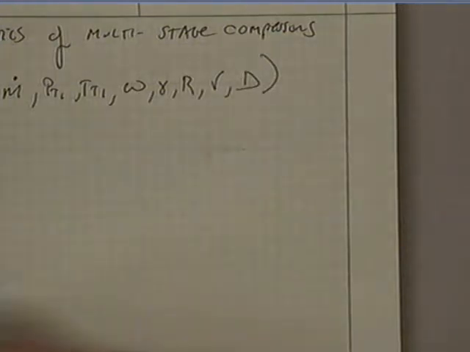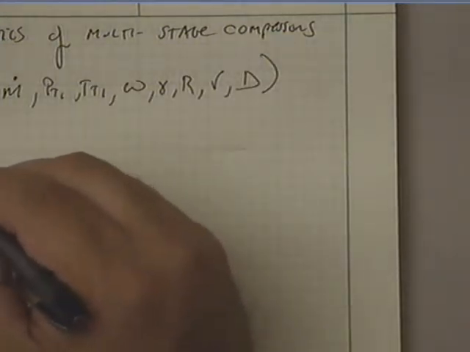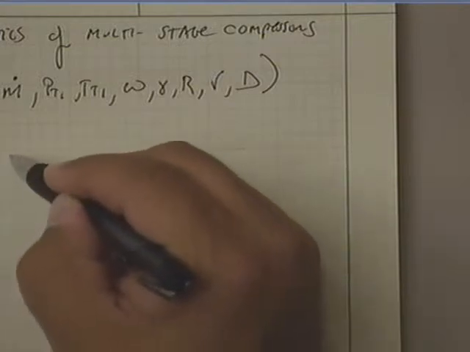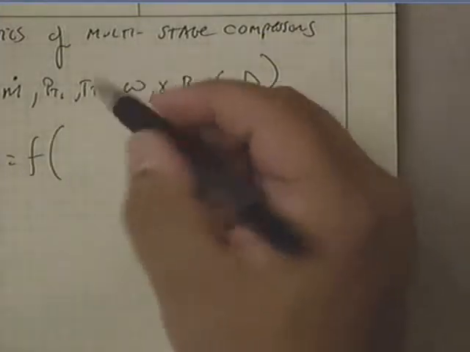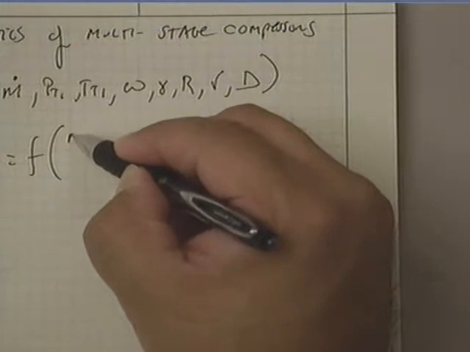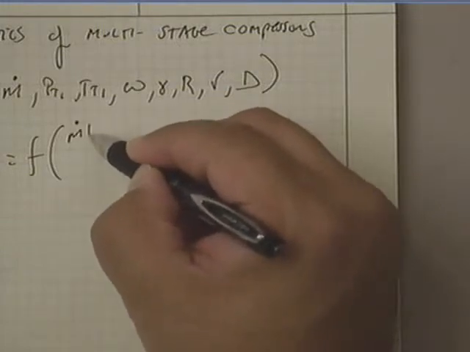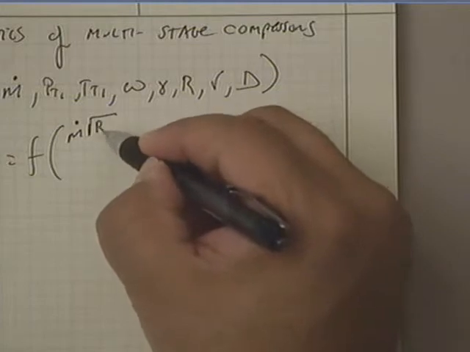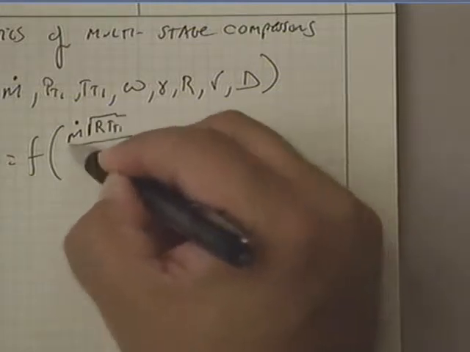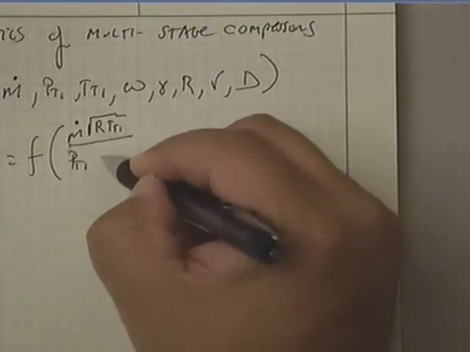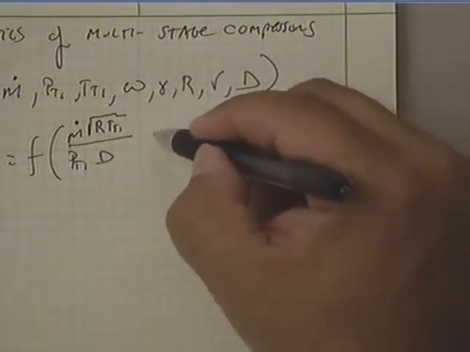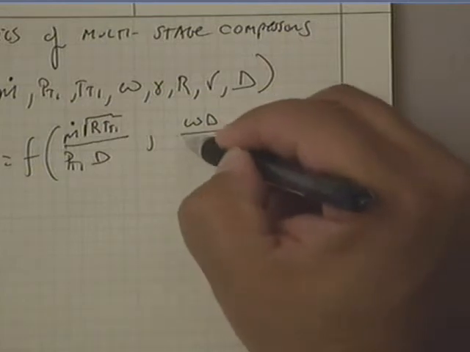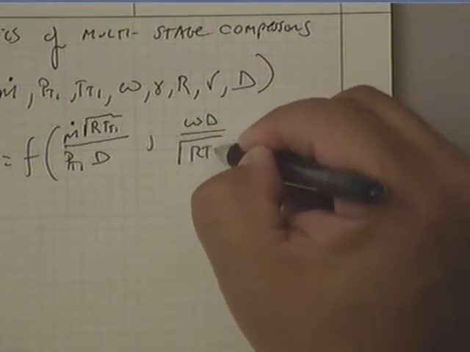And indeed, the pressure ratio, PT2 over PT1, and the efficiency, you could then group into parameters like m dot square root of R TT1 over PT1 times D squared, and then omega D over square root of R TT1.